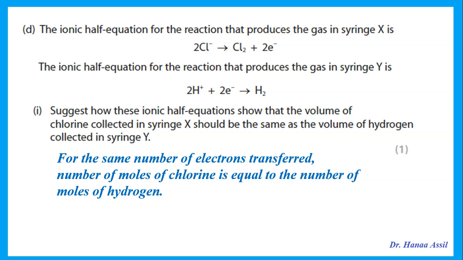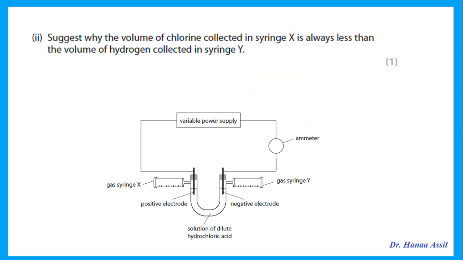Remember, if we're given 2 equations and the number of electrons are not equal, then we have to multiply one of the equations all through by a factor so that both equations have the same number of electrons, and then compare the coefficients or the number of moles of each of the products.